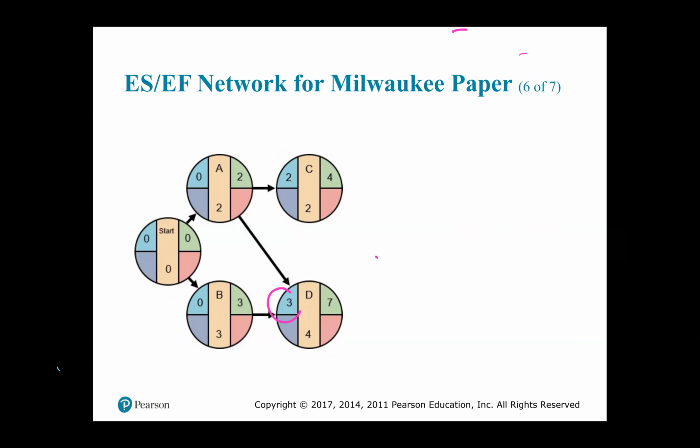And when we add 3 and 4, the early start of 3 and the duration of 4, we got the early finish of 7.